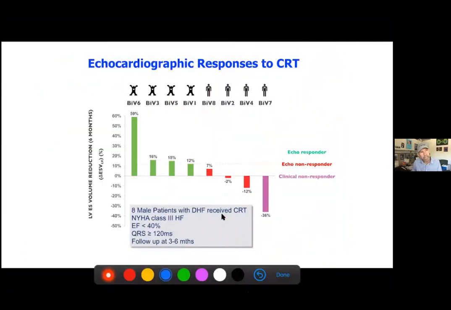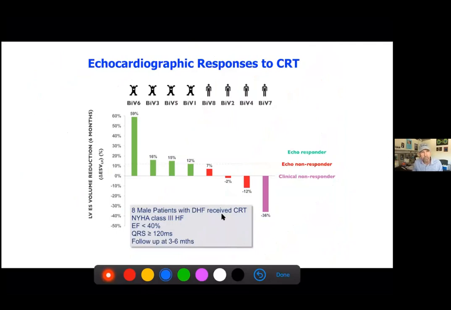So if you can make an electrical model of the heart and a mechanical model of the heart, maybe you can make an electromechanical model. And we thought about doing this in the context of a condition called dysynchronous heart failure. It turns out that a lot of people with heart failure also have some electrical conduction defect.